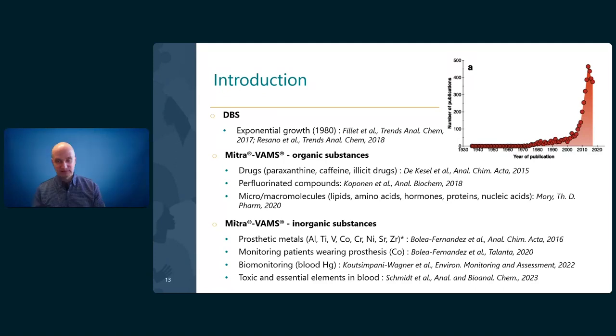And recently, in 2022, a biomonitoring study used Mitra VAMS devices for mercury measurement in whole blood. And a very recent paper, at the end of 2023, appeared on toxic and essential elements in blood, which is similar to what I will be showing today.